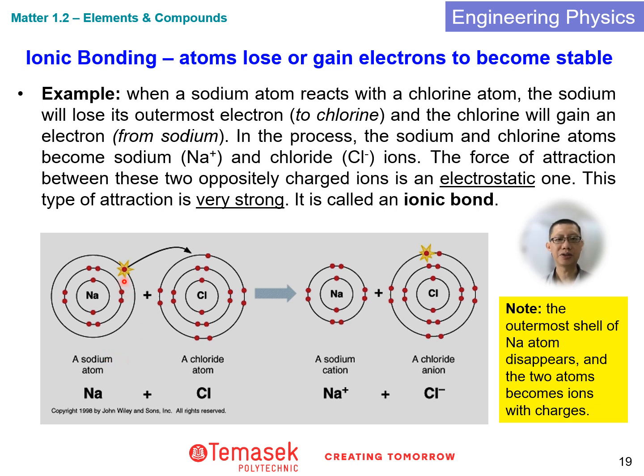It gains sodium's electron, forming a Cl- ion. The opposite charges between Na+ and Cl- attract strongly, forming an electrostatic force of attraction called an ionic bond, creating sodium chloride.